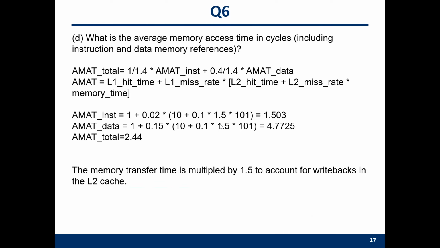And of course, these 100% reads are for instructions. And in this 100%, 40% actually generate an extra data access. So totally, the memory access is 100% plus 40%. This is the reason why we have a 1.4.